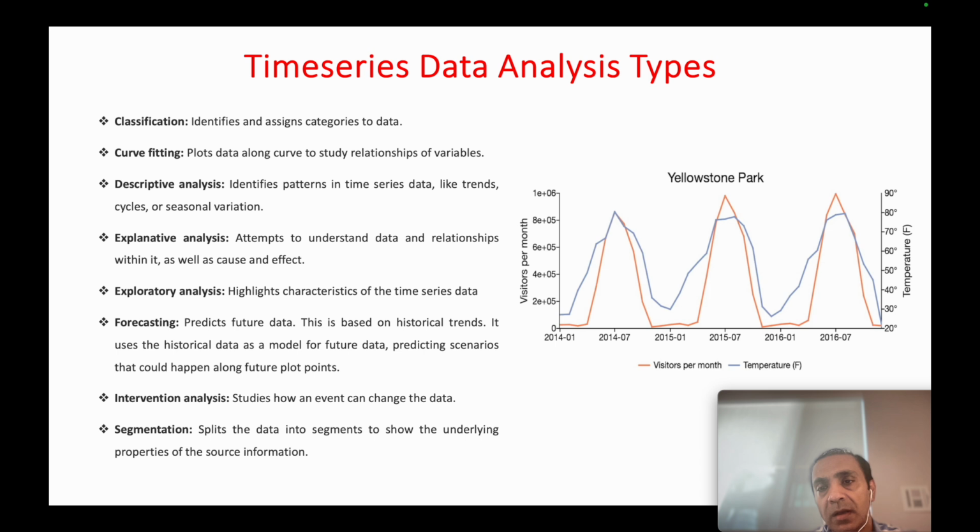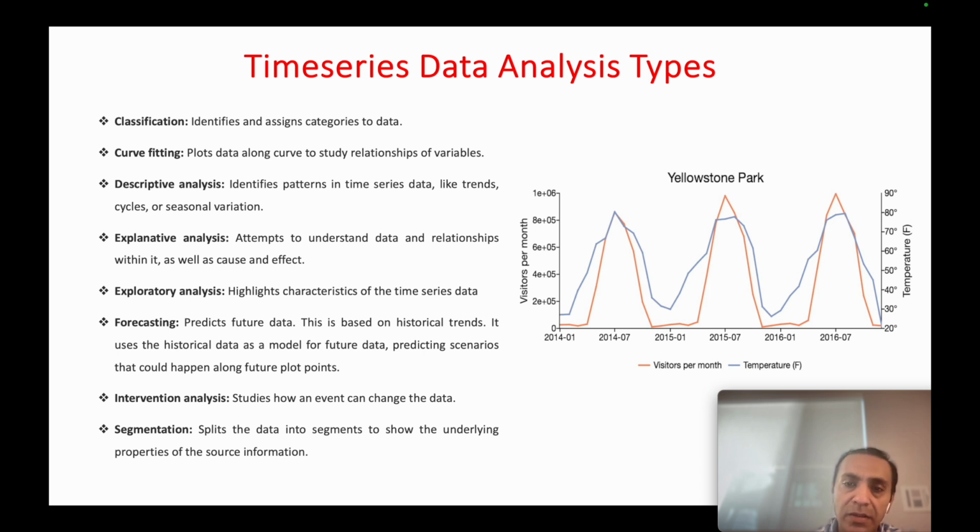For example, the graph on your right side is showing visitors to the very famous Yellowstone National Park here in California, US, and it's showing the number of visitors visiting that park from 2014 to 2016.